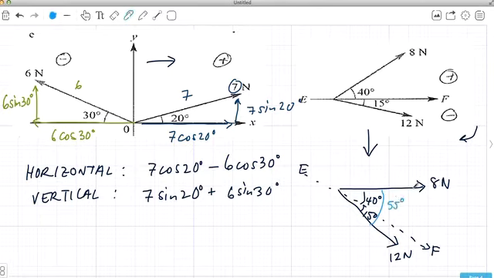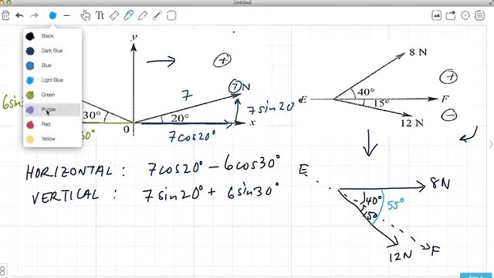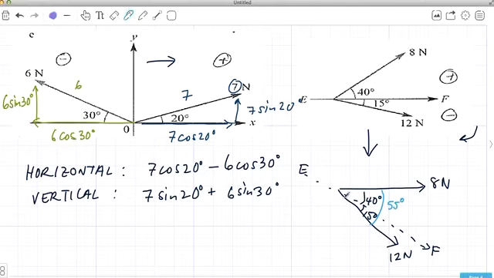Now what you're looking at is basically a diagram where, for the question, what is the component of this vector that's on an angle that's going in the 8N direction? So you're basically saying, for this vector here, I'm going to make it purple, what is the bit that goes there that's going to add onto the 8N?